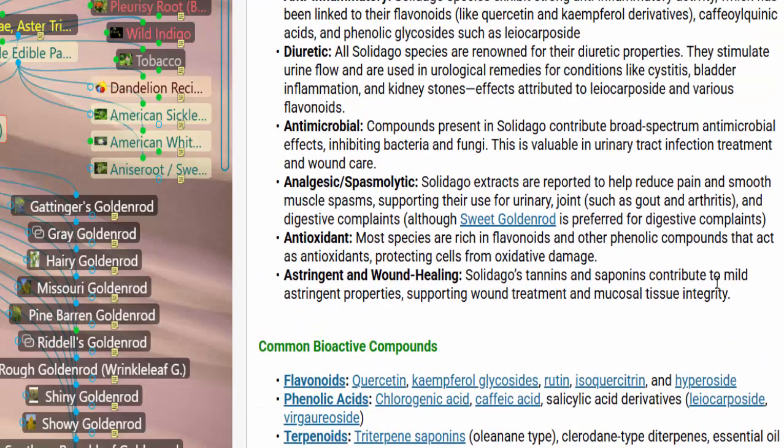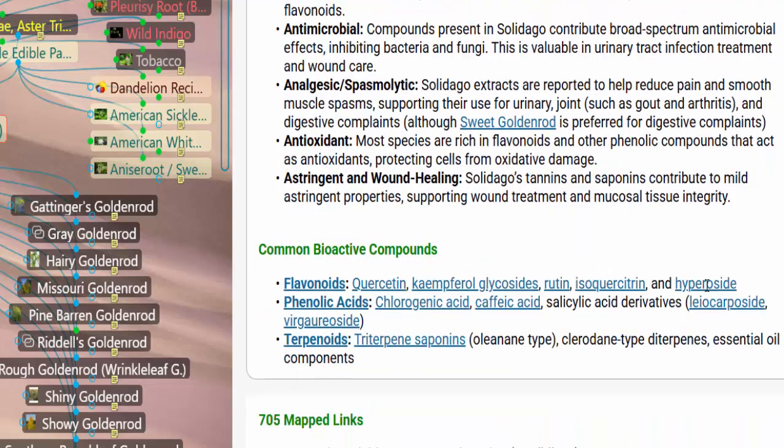And they are antimicrobial. They contribute broad-spectrum antimicrobial effects, inhibiting bacteria and fungi. That's valuable in urinary tract infection treatment and wound care. And by the way, mouth washes can be useful in oral candida or thrush.